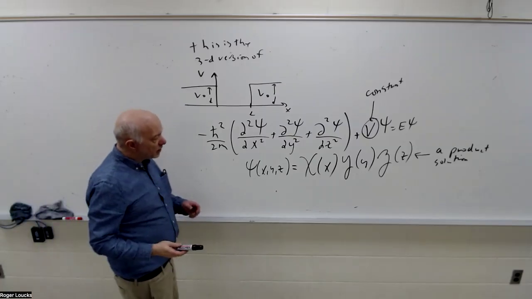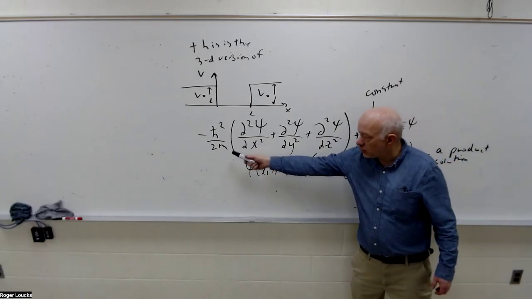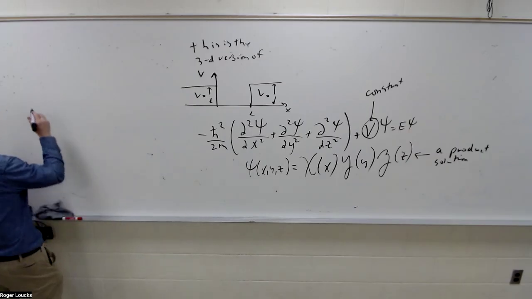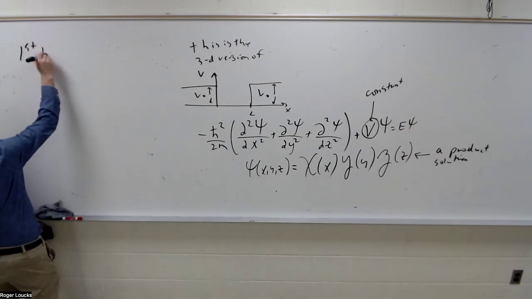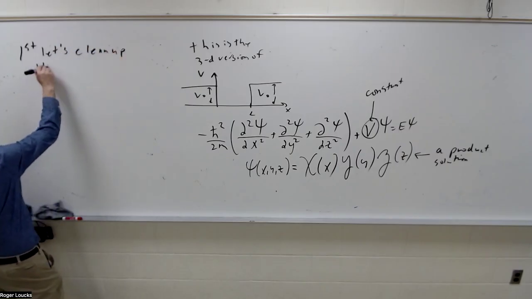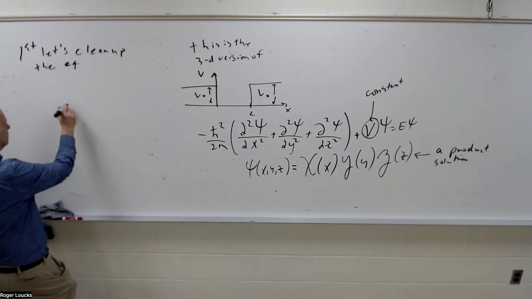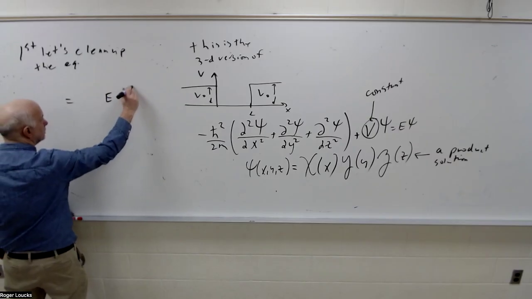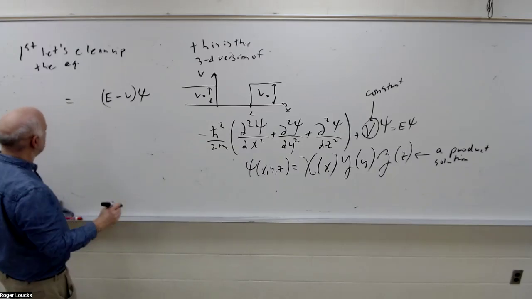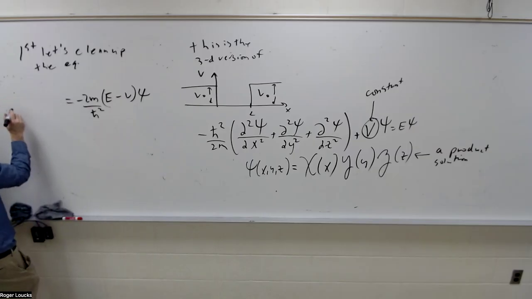To clean this up, I'm going to take the V to the other side, so this would be E minus V. And then I'm going to multiply by the reciprocal of this guy here, and this would be all the other terms.